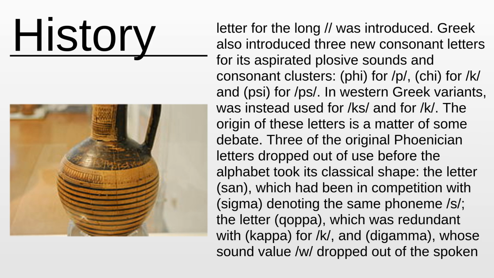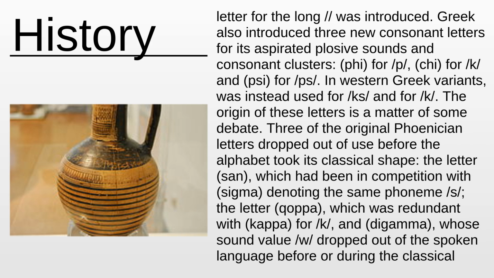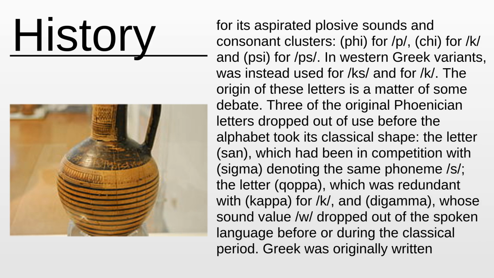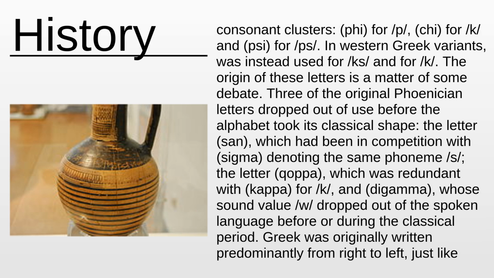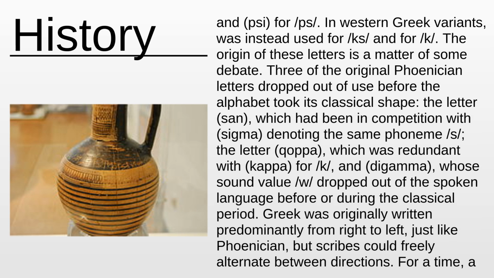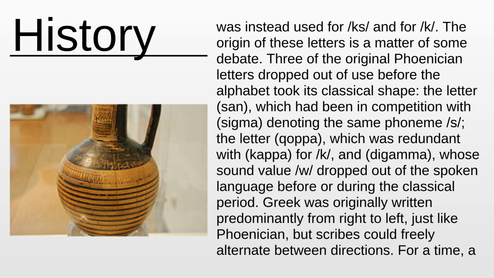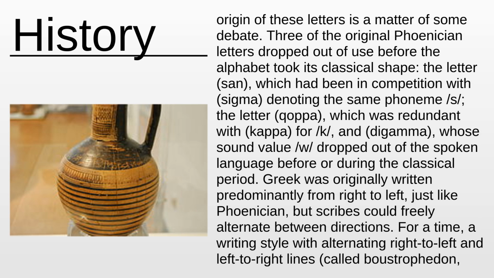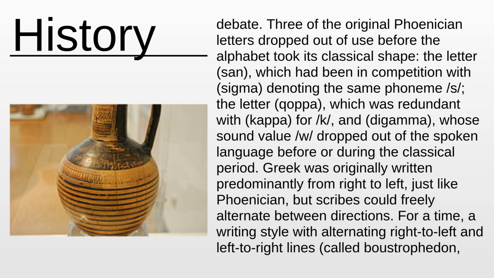Greek also introduced 3 new consonant letters for its aspirated plosive sounds and consonant clusters: phi, for ph, chi, for kh, and psi, for ps. In Western Greek, variants were instead used for ps and for kh. The origin of these letters is a matter of some debate.